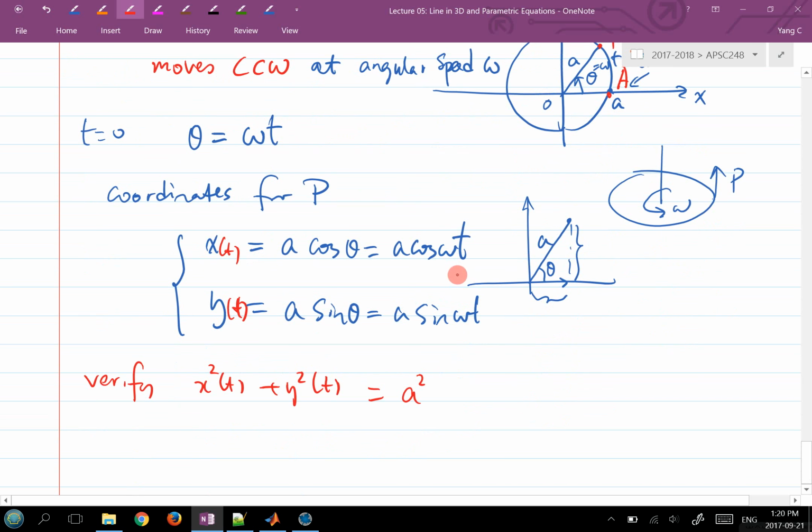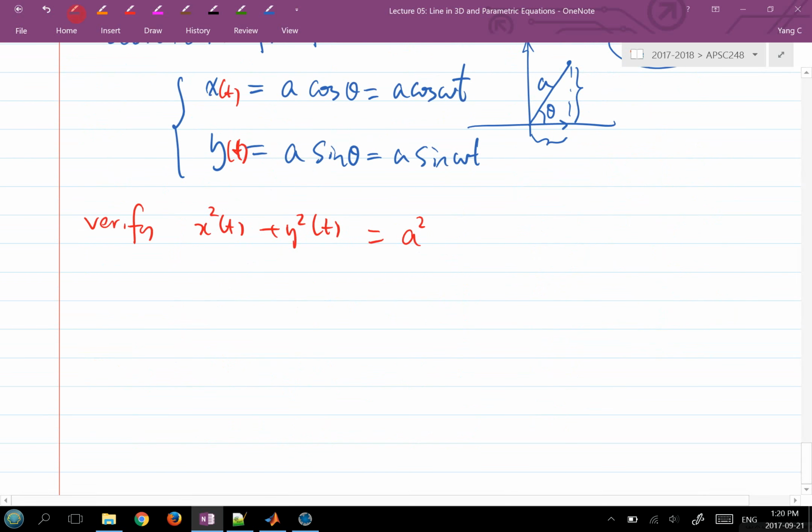So if I ask you something slightly different, let's say I try a slightly different motion. Suppose that it still starts at A here, but it's going to move clockwise at an angular speed omega.